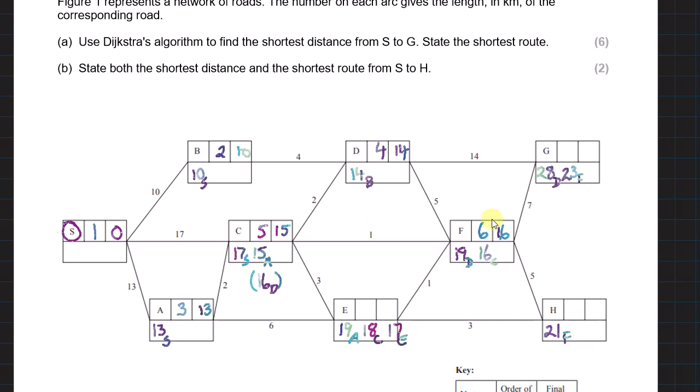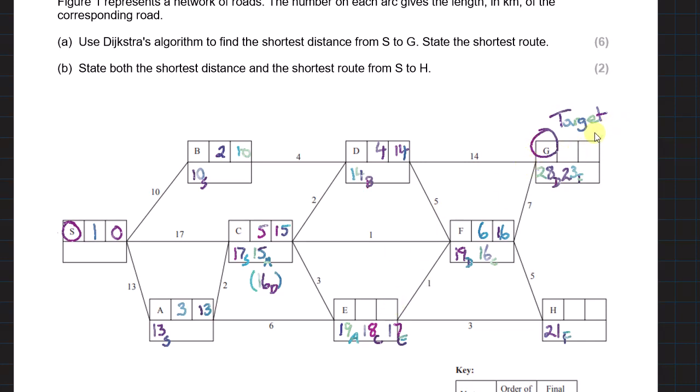Now, I can actually say, because there are no new nodes to come into here, and this was my target, and my target has been reached, I don't actually need to process the further nodes.